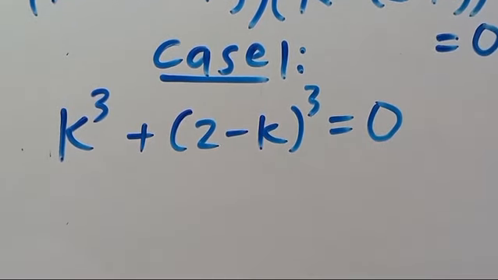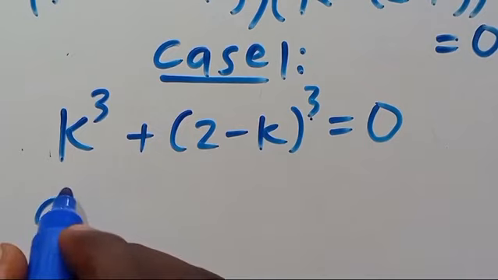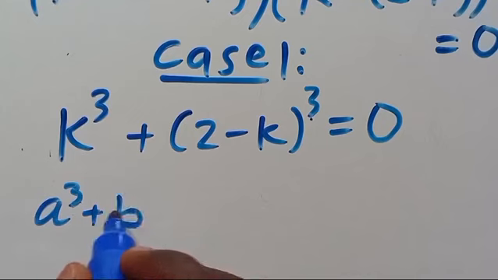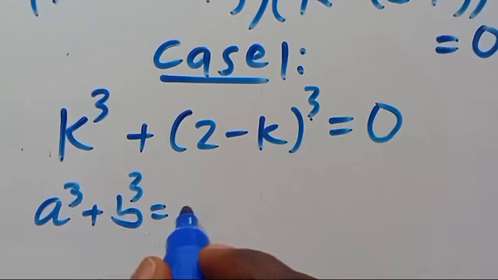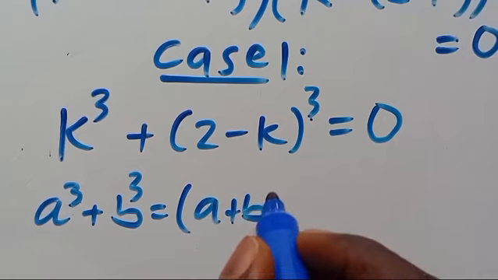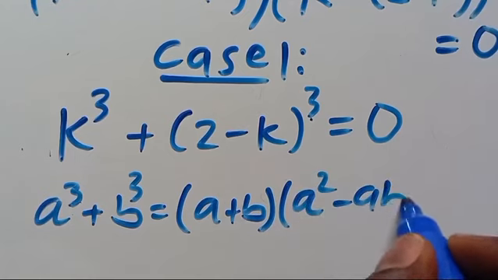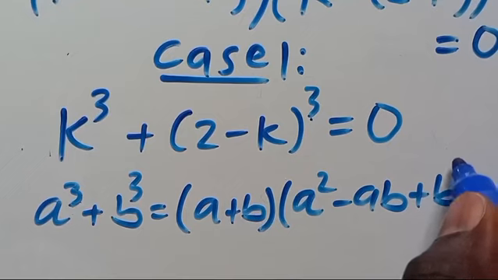Recall the sum of two cubes, because of this power 3 and 3: when we have a to the power of 3 plus b to the power of 3, it equals a plus b, multiplied by a square minus ab plus b square.